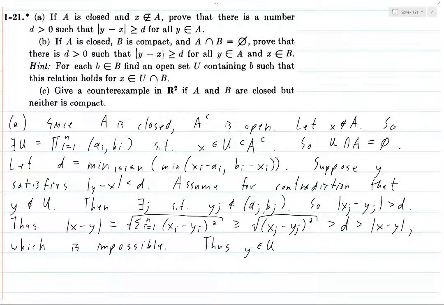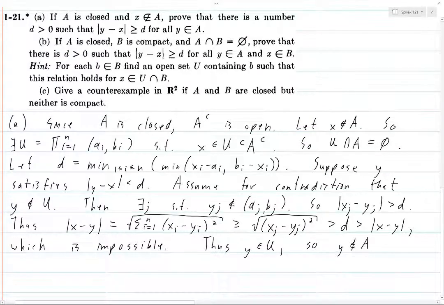Okay. So, if y satisfies the norm of x minus y strictly less than d, then we get this contradiction. And thus, y is in U, and U does not intersect A, so y is in A complement.